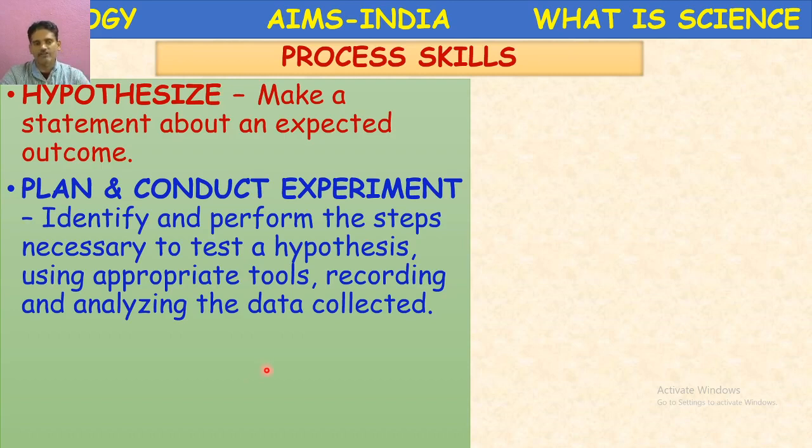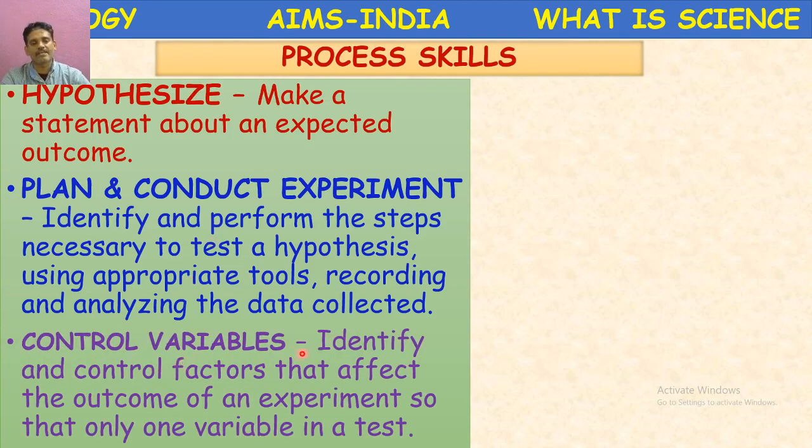To test that hypothesis, what is required? In planning, you have to segregate the tools. You have to arrange equipment and tools, create a recording facility, and analyze the data which is collected. For that also, what is required? Everything. That is called plan and conduct experiment. In order to conduct an experiment, you must be pre-planned.